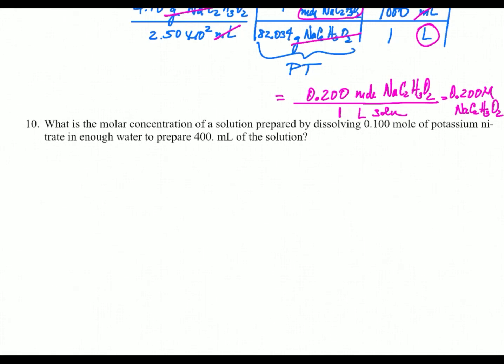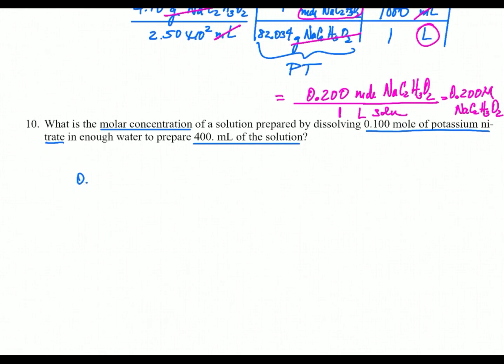Alright, number 10. Okay, we have, what is the molar concentration of a solution prepared by dissolving 0.100 moles of potassium nitrate in enough water to prepare 400 mils of solution. So you have the quantity, you have how much, and you have the total volume of solution.